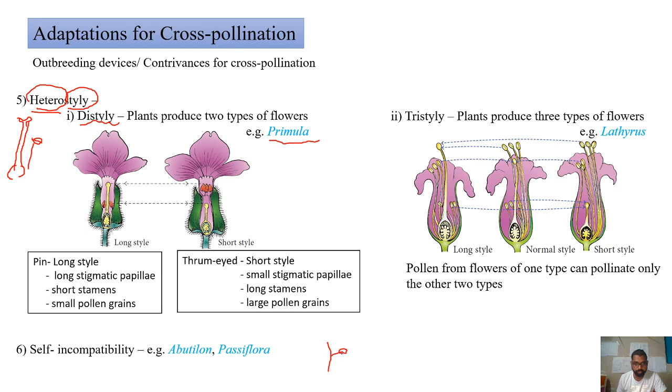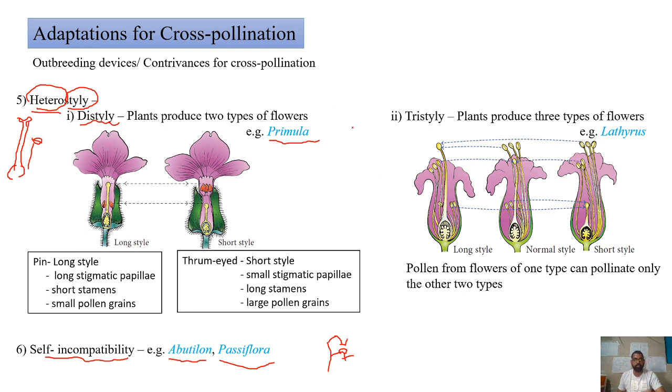So when this is the stigma, this stigma will not allow the pollen grain from the same plant. So as the pollen grain is self, this is self incompatibility. So always there is no autogamy as well as geitonogamy. This you can see in Abutilon and Passiflora. So the genetic basis of this self incompatibility we'll discuss in the genetics part.